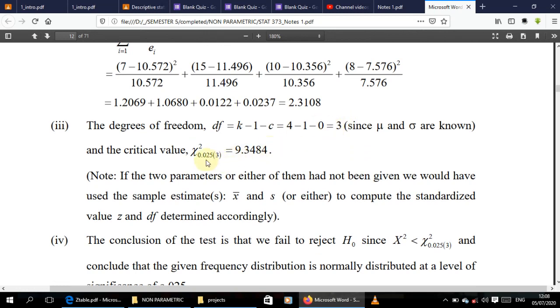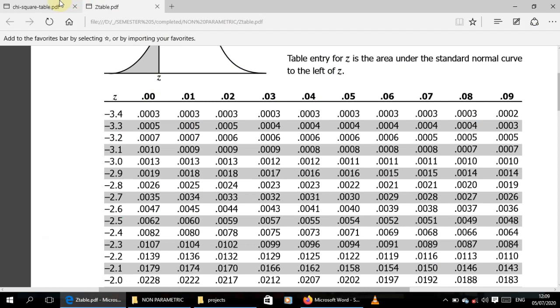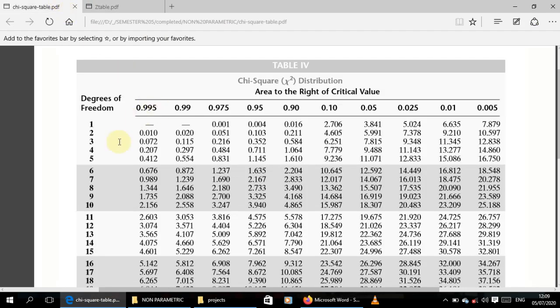So we have chi-square 0.025 with degrees of freedom 3. Remember that was the alpha value that was given, and now degrees of freedom is 3. So you go to the chi-square table. This is a chi-square table. Degrees of freedom 3 is this part, and then 0.025 is this.